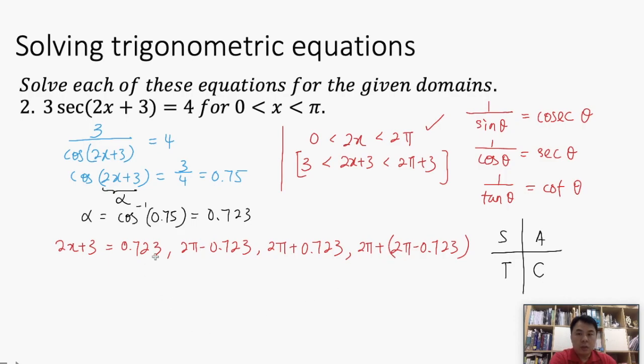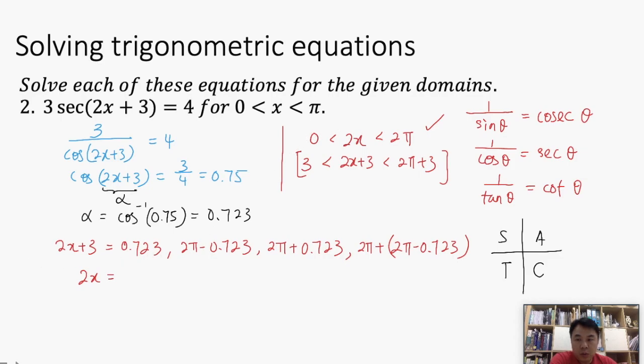Okay, so from here I can work out my answer for this. I will try to simplify it directly from here. Maybe I'll just do 2x first. Now based on my calculator here, if I take 0.723 minus 3, that must be a negative number, which is already outside of the domain.